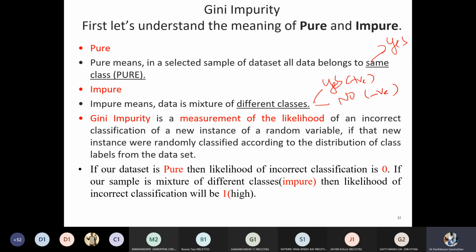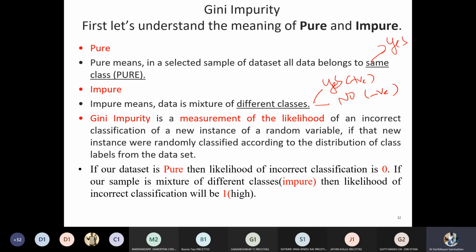With this we can calculate the Gini impurity. Gini impurity is also one of the parameters for ML algorithms. In the first class I told you how we evaluate ML algorithms. There are different parameters: precision and recall, accuracy, F score, purity, impurity, Gini impurity, entropy, information gain, and likelihood.